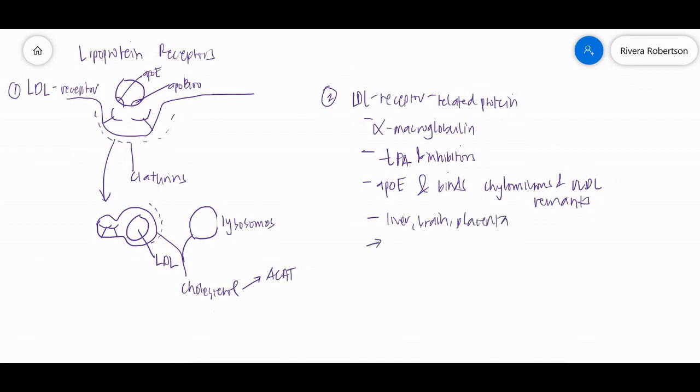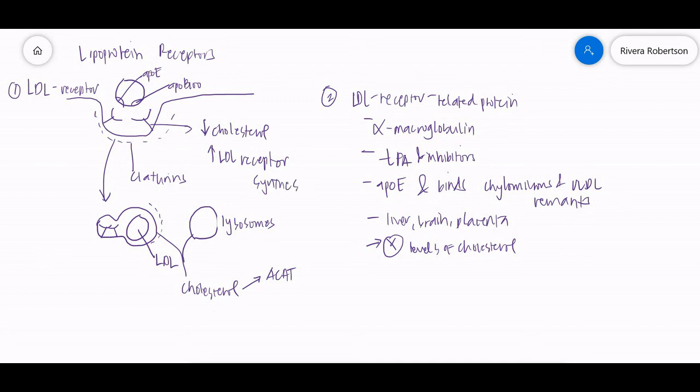Bali, yung synthesis nito is not significantly affected by the levels of cholesterol. Unlike in your LDL receptors, so yung levels ng cholesterol, pag mababa yung cholesterol intracellularly, nag-i-increase yung LDL receptor synthesis.